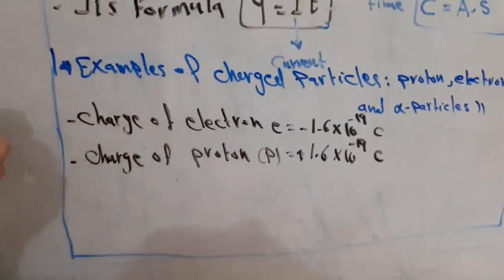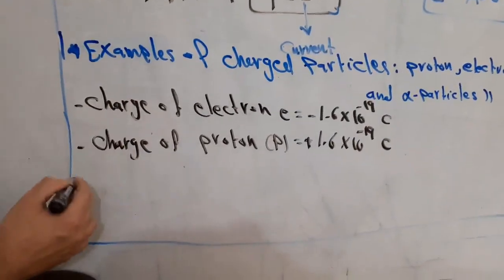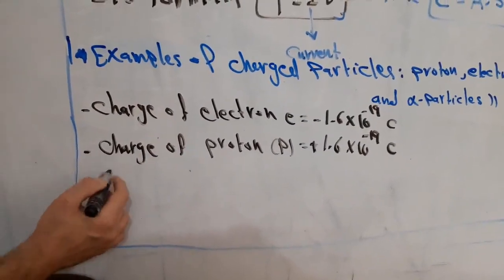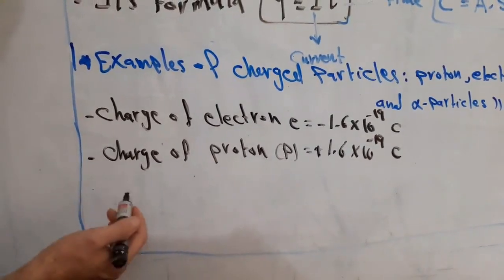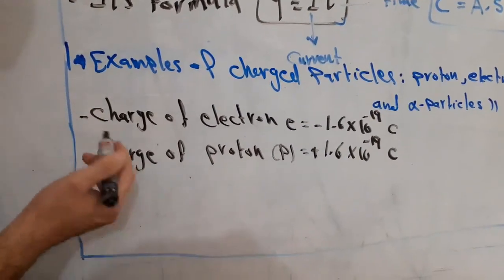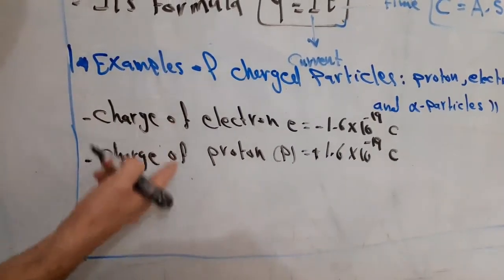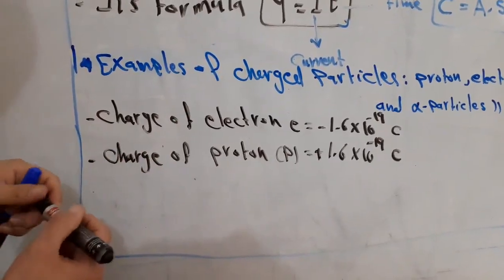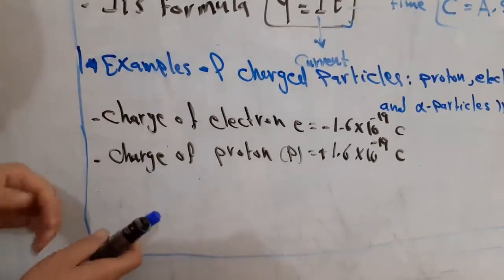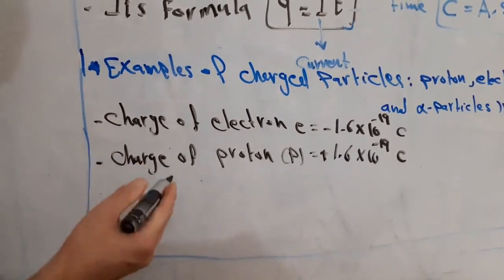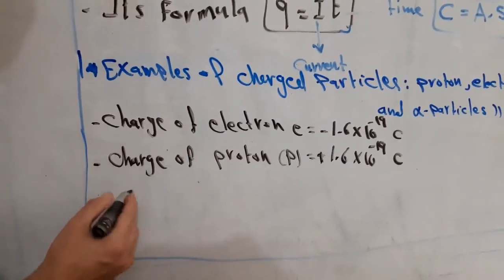You know, an atom has proton, neutron and electron. Electron has negative charge, proton has positive charge, but neutron is neutral.